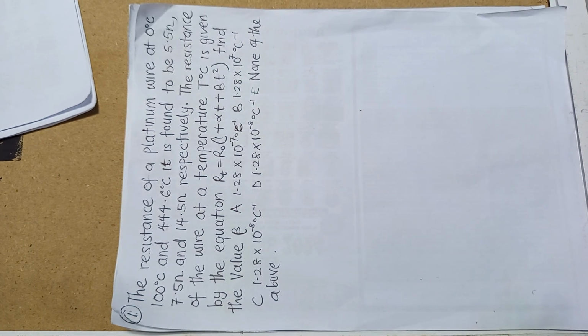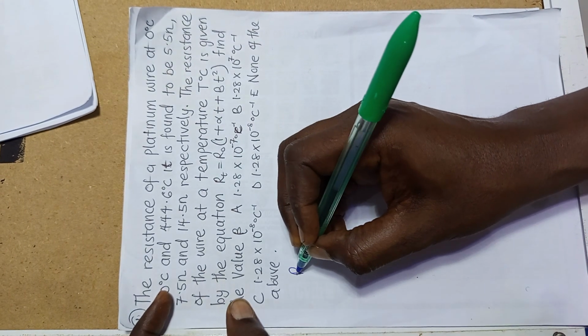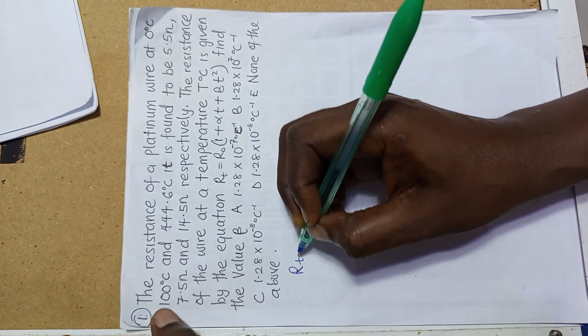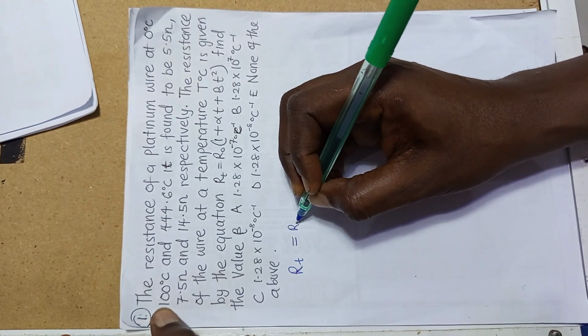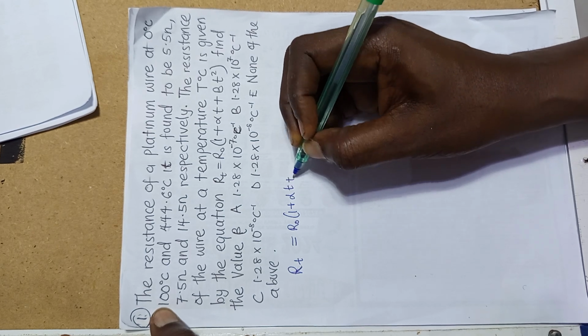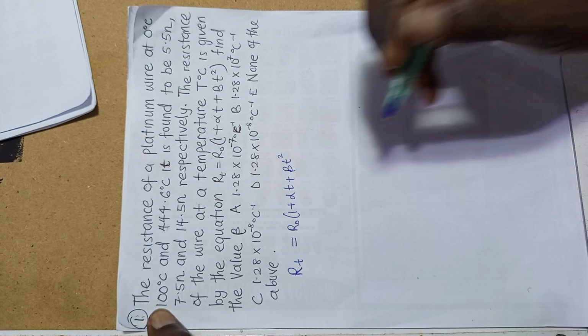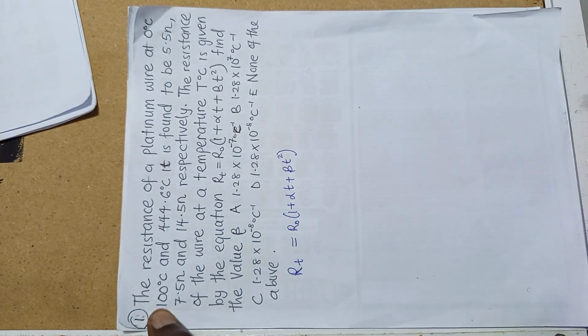Now, what we want to do here is simply resolve. Let's start with R_t equals R_0 (1 + alpha t + beta t square). Now, that is the formula.